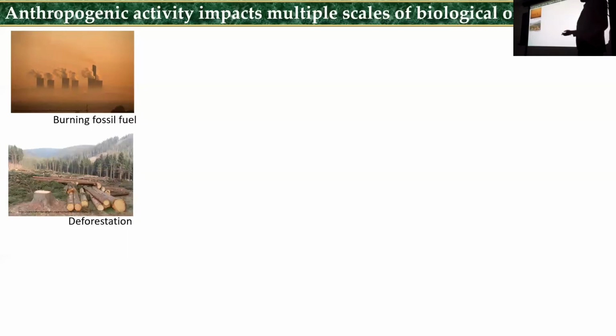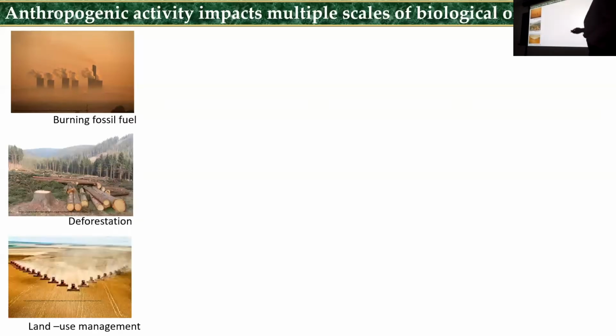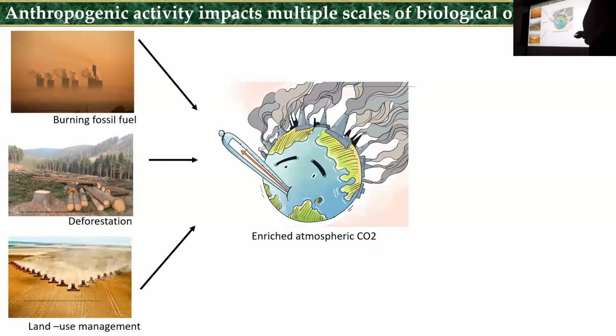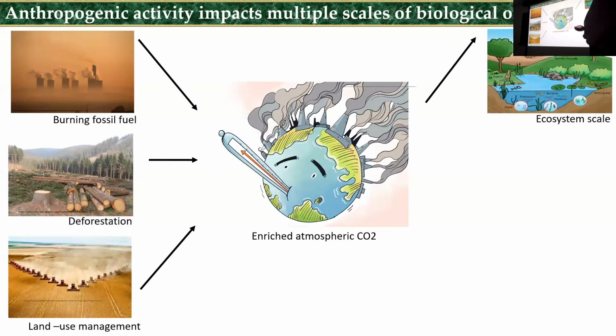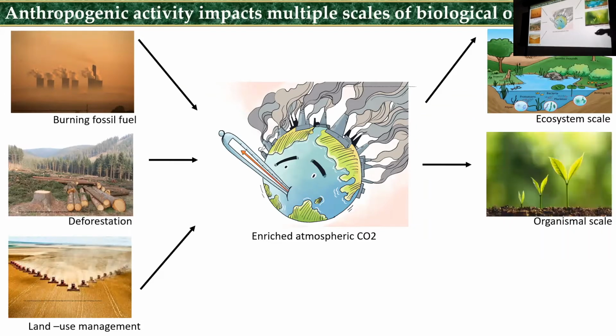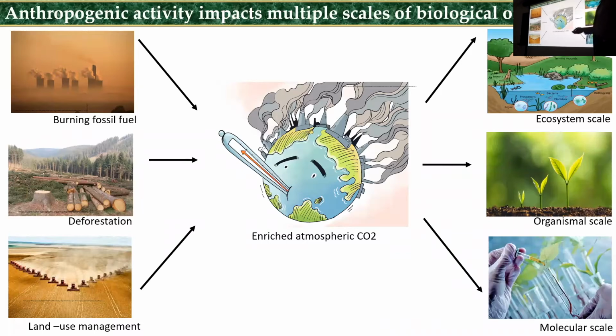Okay, the burning of fossil fuel, deforestation, as well as land use management has led to the enrichment of atmospheric CO2. This can have ramifications at multiple levels of biological organization, including the ecosystem scale, such as net primary productivity, the organismal scale, such as photosynthesis, as well as the molecular scale, such as resource quality, particularly C to N ratios.